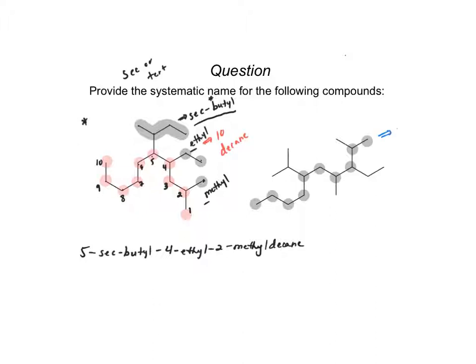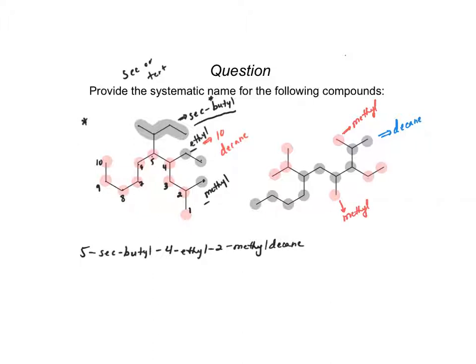10, again, is decane. So now we're going to go ahead and identify the substituents, right? So we've got 1 substituent here. We've got 1 substituent here, a substituent, and a substituent here. So this guy, our 1 carbon substituent, is a methyl group. This guy, our 1 carbon substituent, is another methyl group.